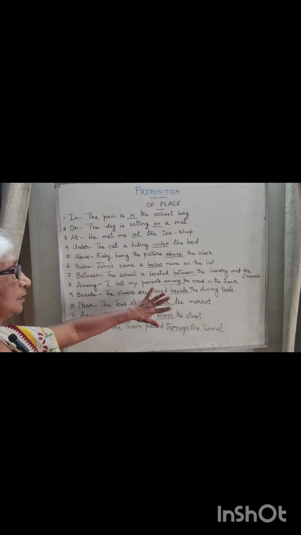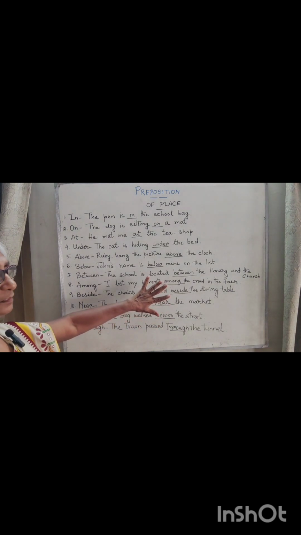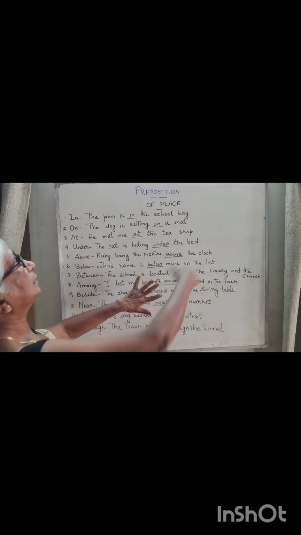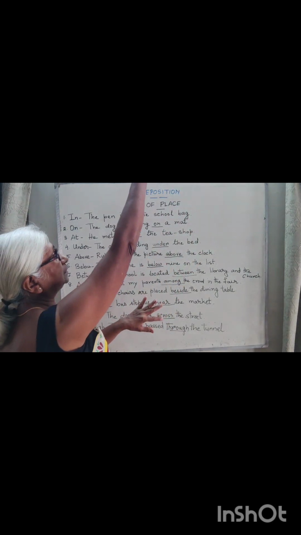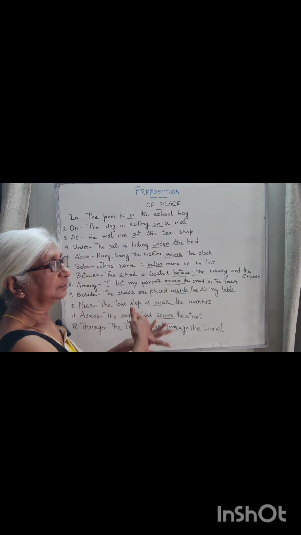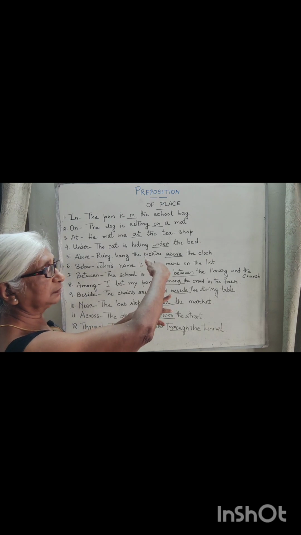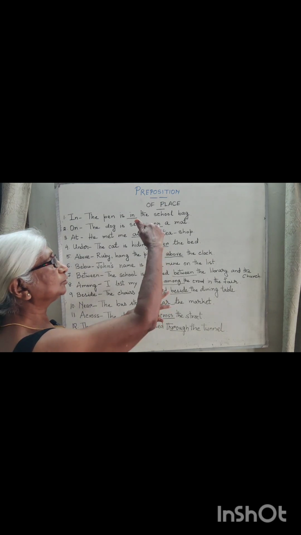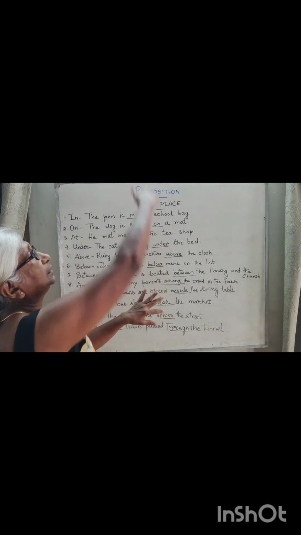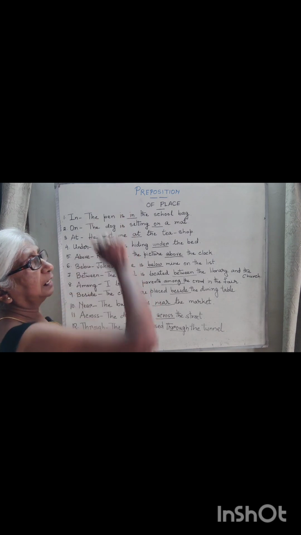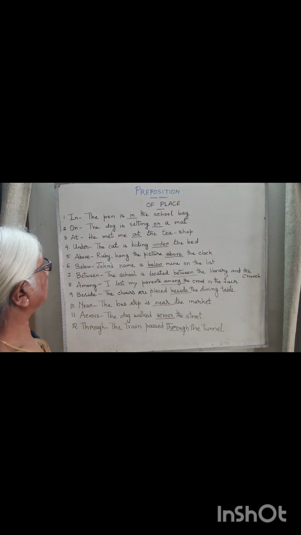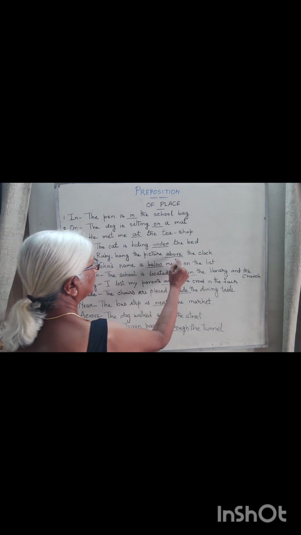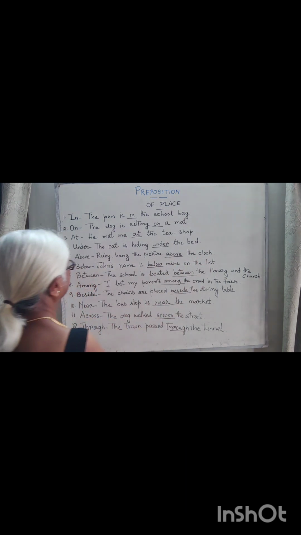Above the clock means the clock is placed somewhere on the wall and the picture has to be hung in a place which is above the clock. Just not on the clock. Okay? Just not over the clock. It is a little above, a little at a distance, at a height above the clock. So in this case, we use above the clock.